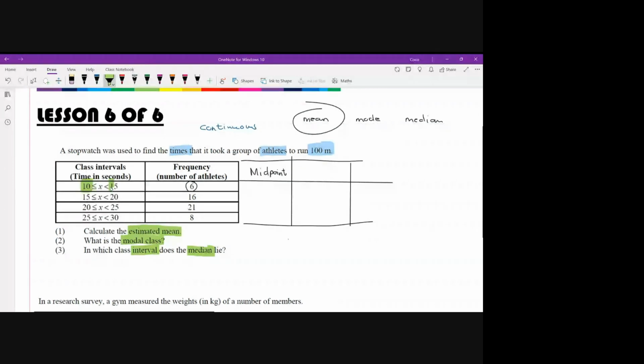Our highest value could not have been greater than 15. We are going to look for the middle because that would give us plus minus the most accurate value. So to find the midpoint, we're going to take 10 and add 15 and divide by 2, and we're going to use that to calculate. All right, so 10 plus 15 divided by 2 would give me how much?